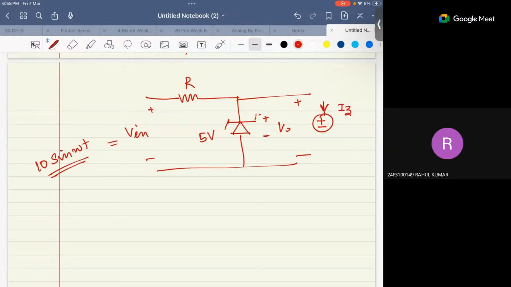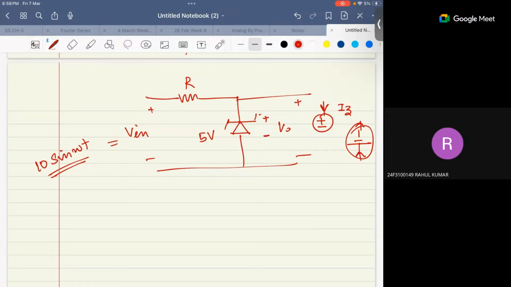Iz. You already know it's working in a reverse bias. If it were a forward bias, the current would have been like this. And the potential in the forward bias, how do you replace the voltage? The knee voltage, not the knee voltage, the cutoff voltage, something like that, right? Because this is also a device like a resistor, the power dissipation will happen.